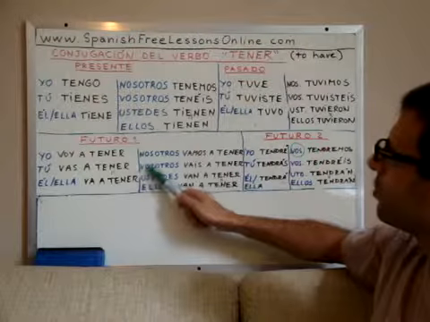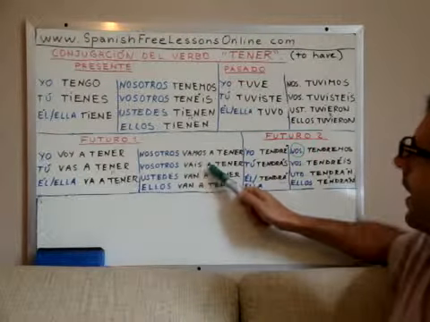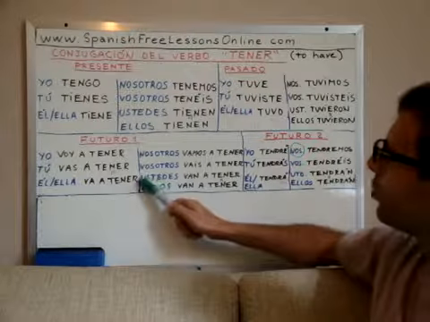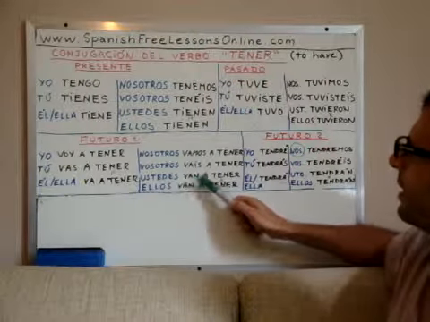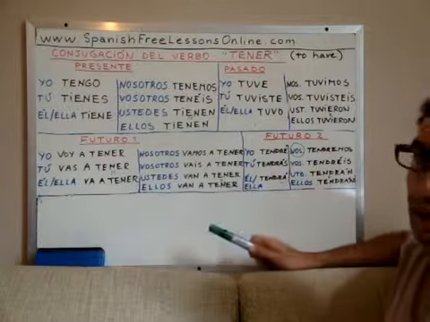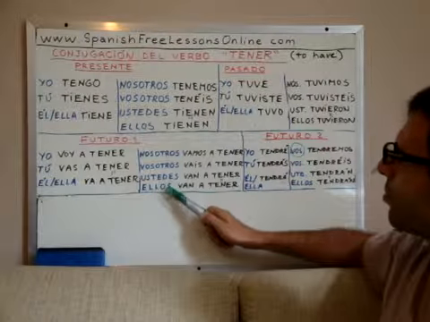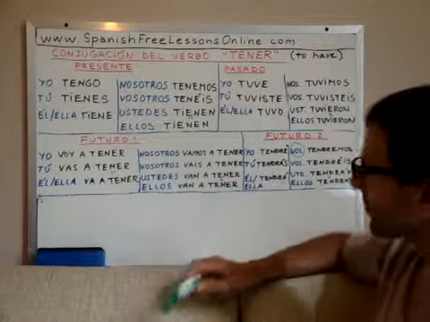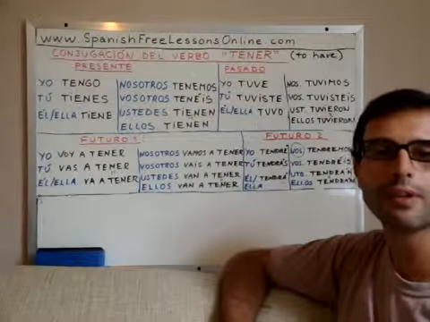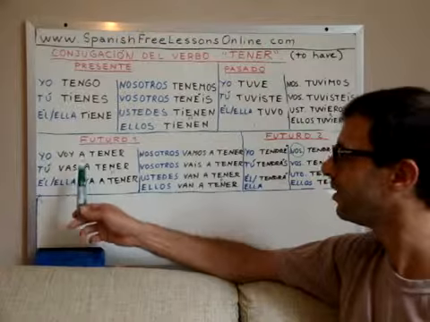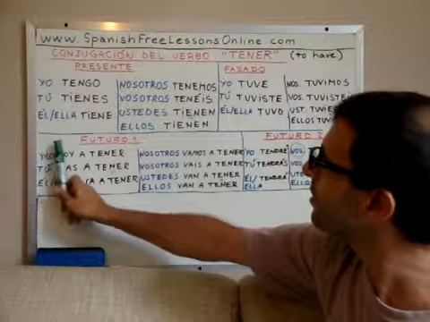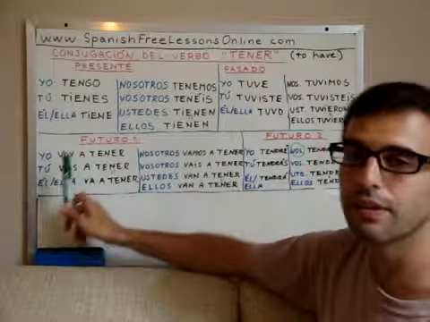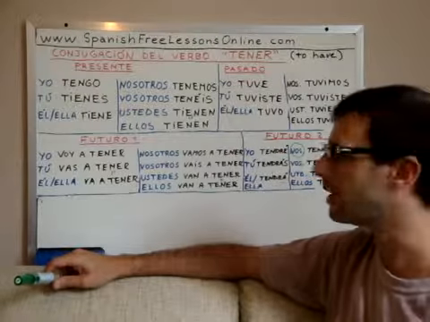Vosotros vais a tener. Ustedes van a tener, and ellos van a tener. See how simple, how easy it is to conjugate in the future using this form, right? It's as easy as it is in English, right?